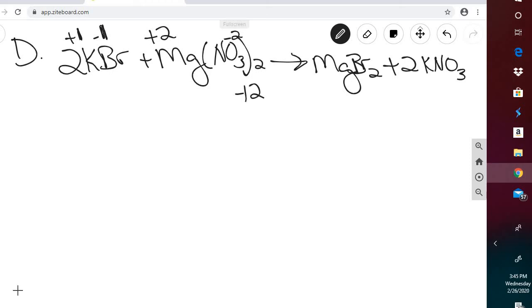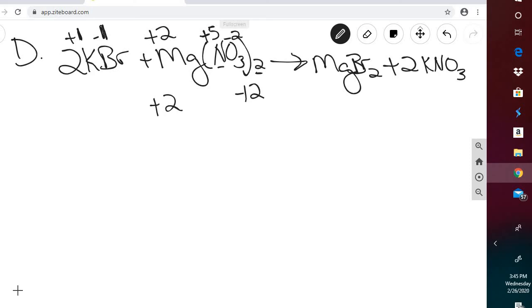And then we have a +2 here. The whole thing has to equal 0, so that means we need 10 more positive charges. So there's 2 nitrogens, so that means each one is a +5.